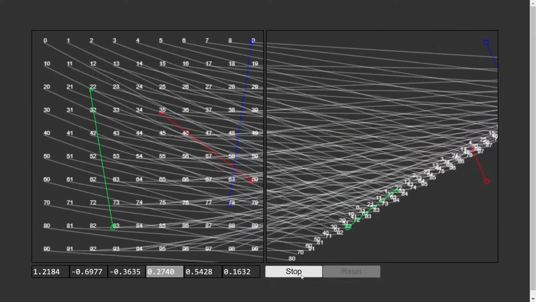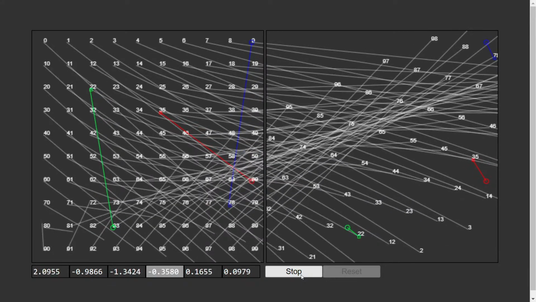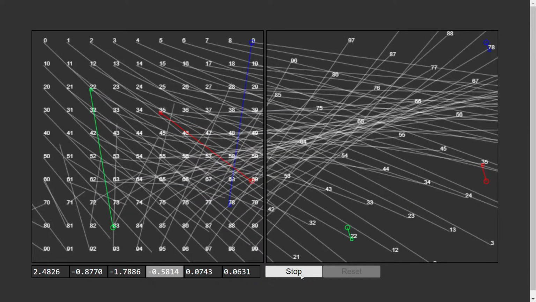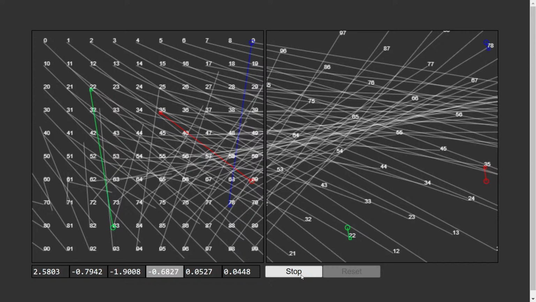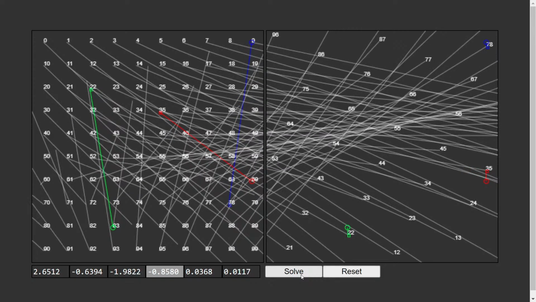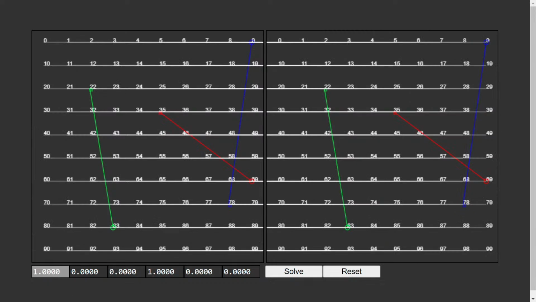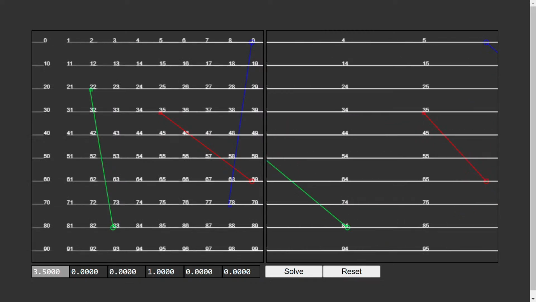Okay, reset and resolve. Okay, so that's what we had. 2.5, negative 0.5, negative 2, negative 1. 2.5, whoops.